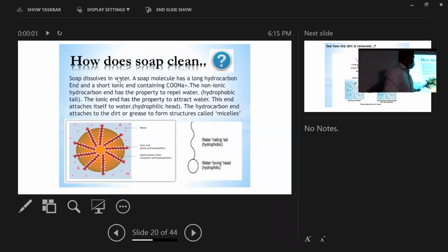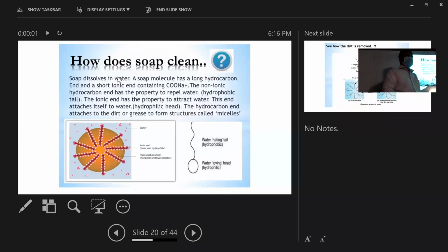So when you add soap to cloth or anything, this oil molecule or dirt can be taken away, because this long part is attracting the oil and the other part is attracting the water, and then it just washes away. It will float.